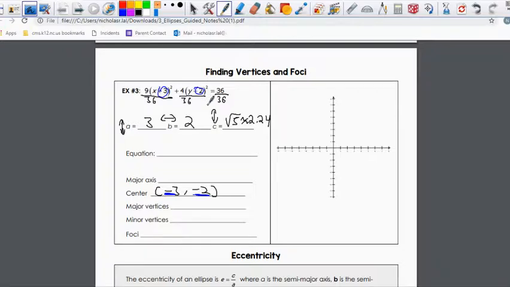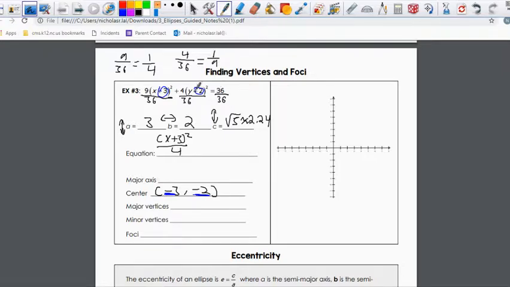And 9 divided by 36 simplifies to 1/4. So 9 over 36 will simplify to 1/4. And (x plus 3) squared times 1/4 can be written as (x plus 3) squared over 4. 4 divided by 36 is equal to 1/9.